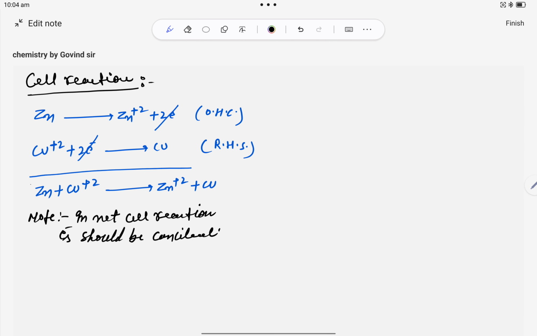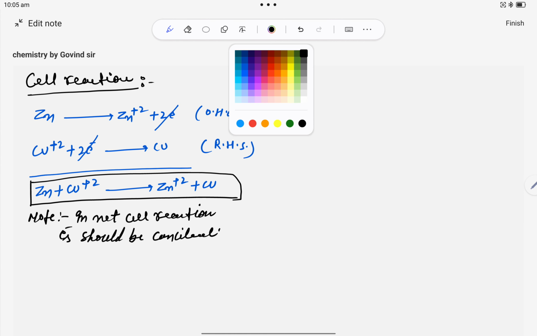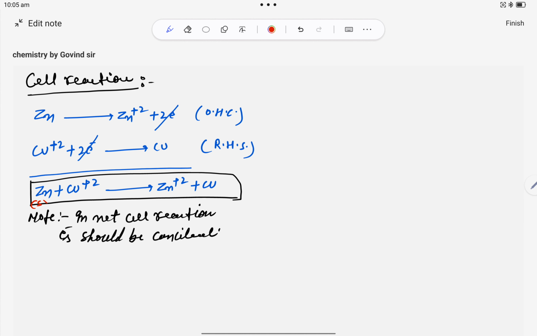So this is your net cell reaction. Okay, this is solid state, aqueous, solid state.